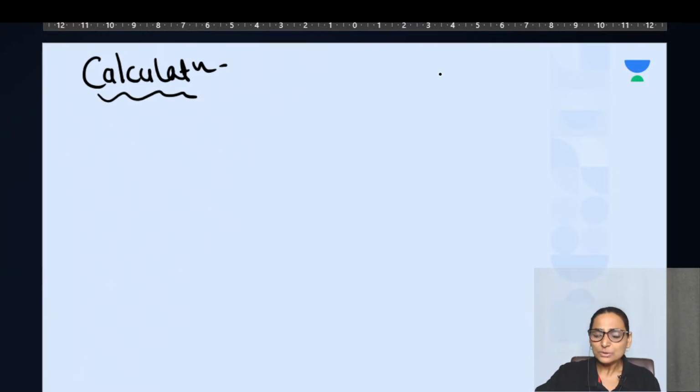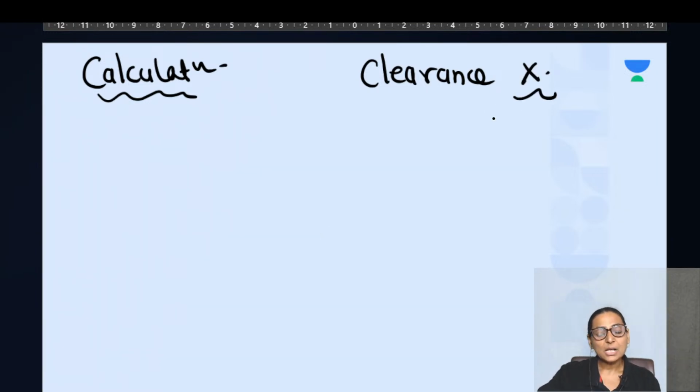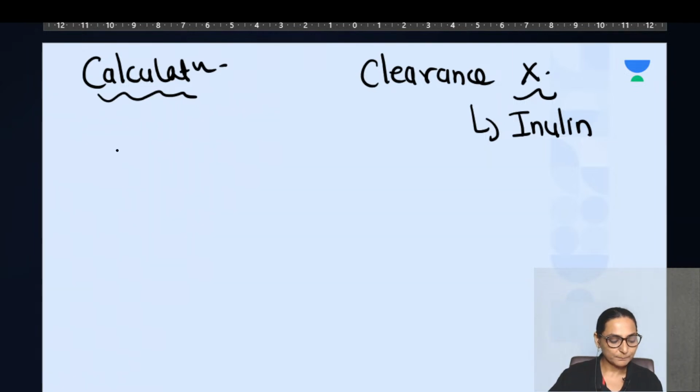Now you may be asked to calculate the clearance of a substance X and compare it with the clearance of that of inulin and come to an inference. ऐसा क्वेश्चन भी आता है. अभी देखो. So what is clearance of any substance?